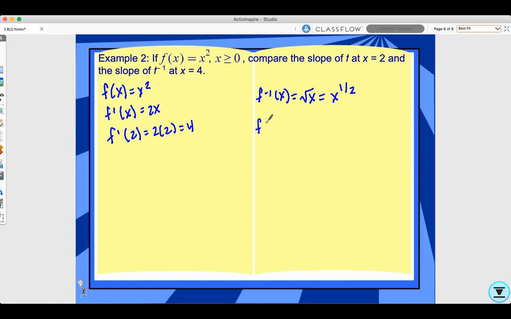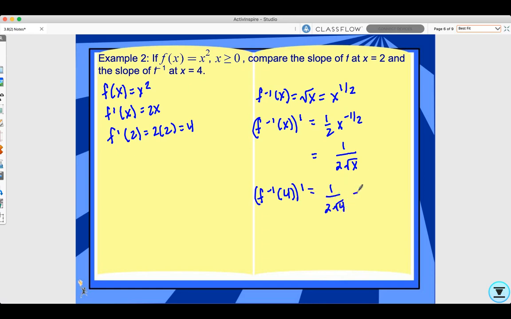To find my derivative of this, it would be 1/2 x to the negative 1/2, which is the same as 1 over 2 times the square root of x. I want to find this at 4. So the derivative of f inverse at 4 would be 1 over 2 times the square root of 4, which equals 1/4.